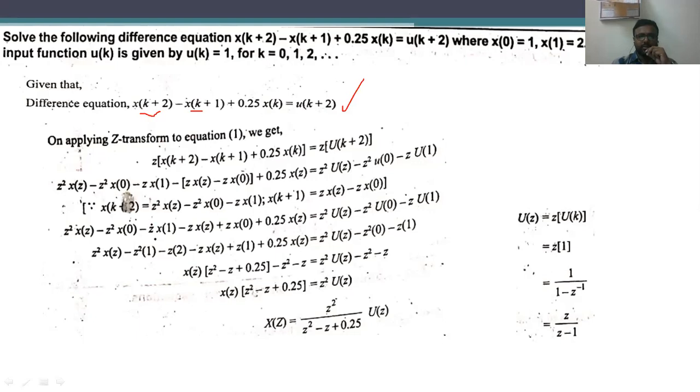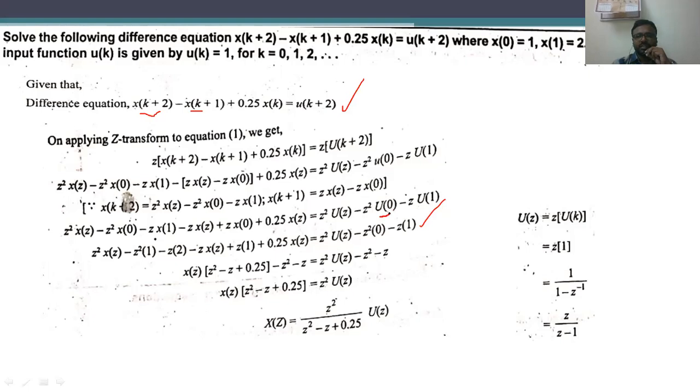So just substitute the values of x of 1 and x of 0 as 1 and 2. This is the equation we are having. So z square into x of z minus z square into x of 0, value is 1, and z into x of 1, value is 2, minus z into x of z plus z into x of 0, value is 1, plus 0.25 into x of z is equal to z square into u of z minus z square into u of 0.